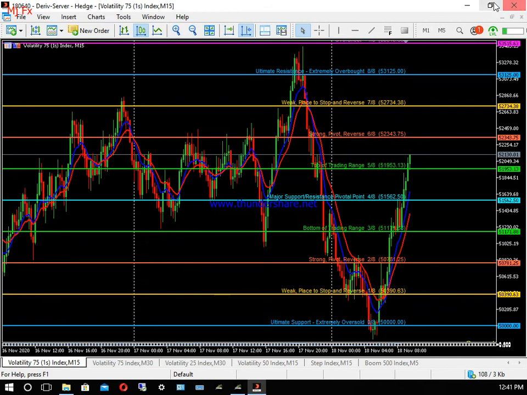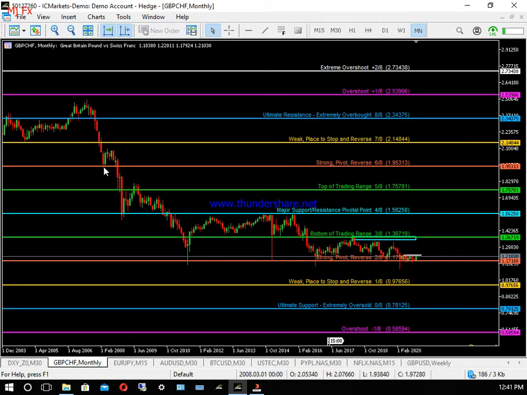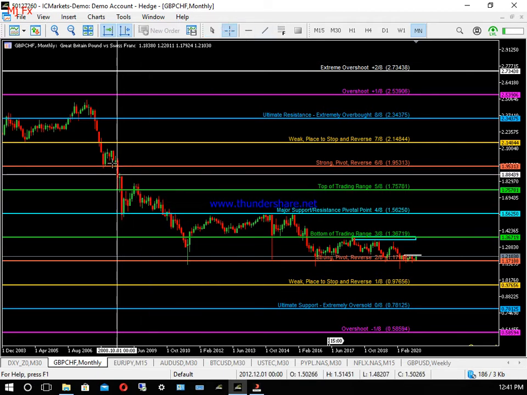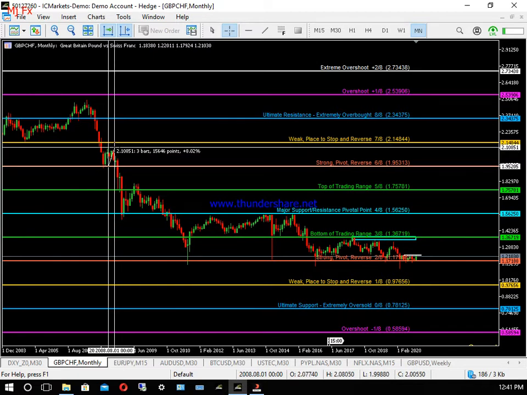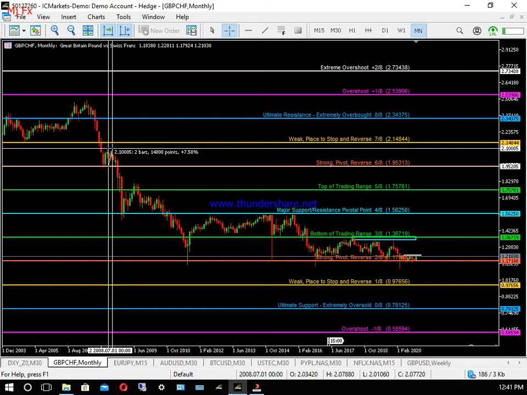Let me close this one. You can see it bought for about two months, and this is a monthly chart, and this is a pound pair. So it bought around 100 and did not go very far.